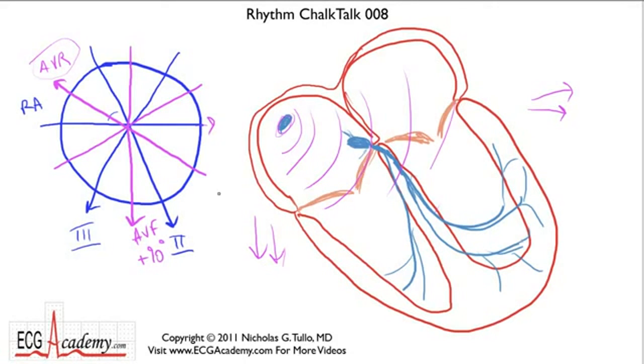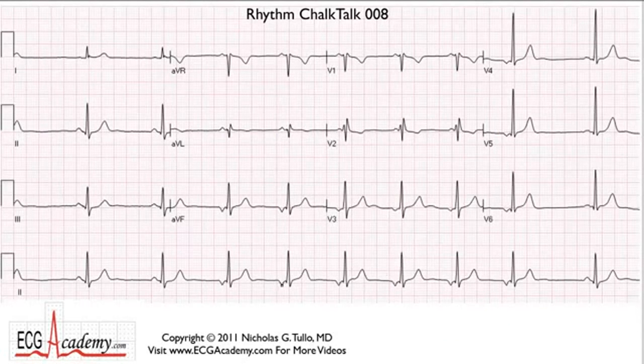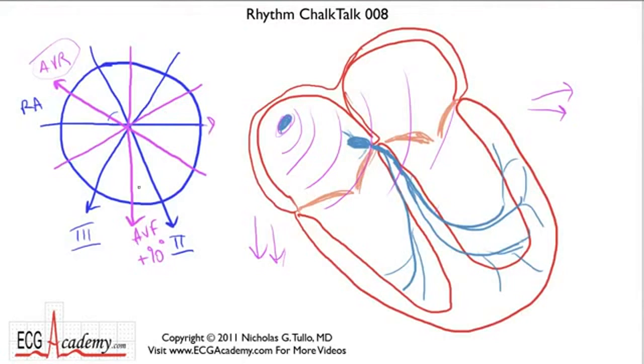But now in this ECG, what you see is that the P waves are negative in 2 and they're positive in AVR. That means that this P wave is arising from some unusual place. It likely is arising from the low right atrium somewhere, because it's heading towards AVL, where it was positive.